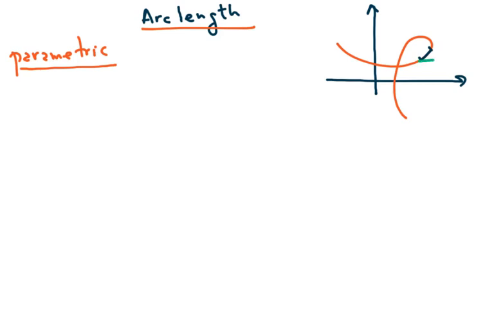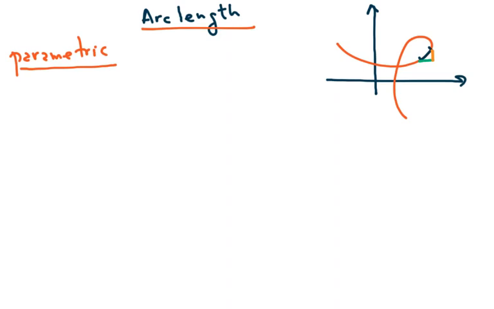Let's say this is the base and this is the height of the triangle. And so in this little triangle here, what we want to calculate is the length of the hypotenuse, right?